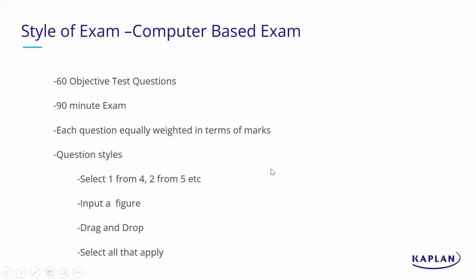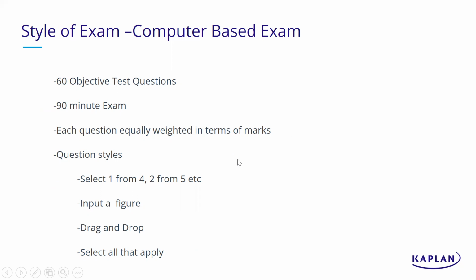CIMA will, of course, guide you as to whether you need to report that figure to 1 or 2 decimal places or to the nearest 1,000. Okay. We've also got drag and drop questions. So for example, if you're asked to account for something and work out which accounts need to be debited and credited, and also by how much, then you can drag the names of the various accounts that need to be debited and credited, and also the numbers, and drag them into the appropriate box, and then submit your answer.